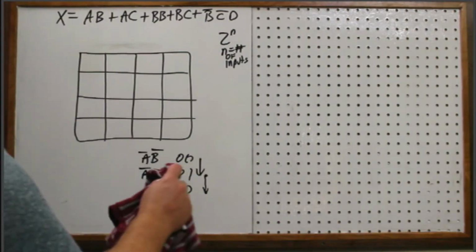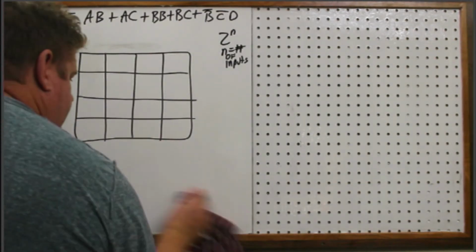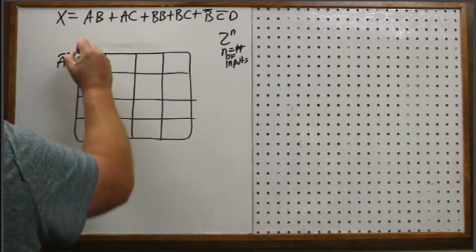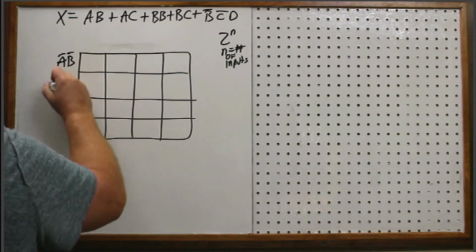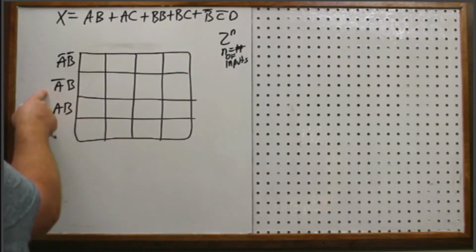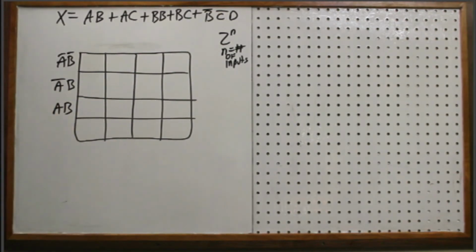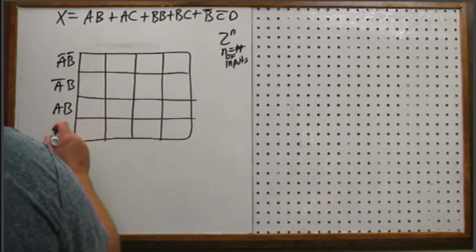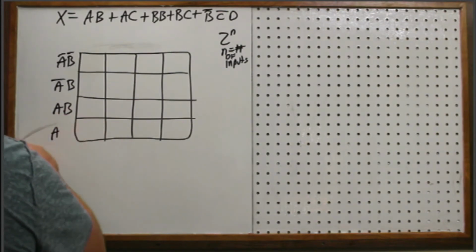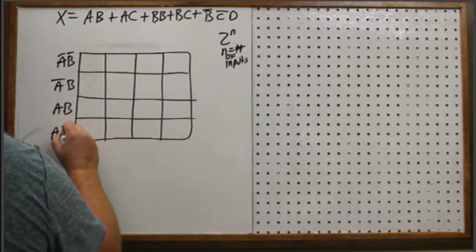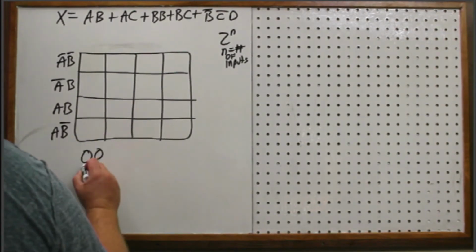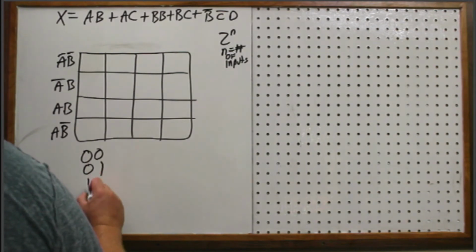So the way that I set this up is I always start with 0, 0, and then 0, 1, and then 1, 1, because now A is the only one that changes from here to here. And then finally A B naught.